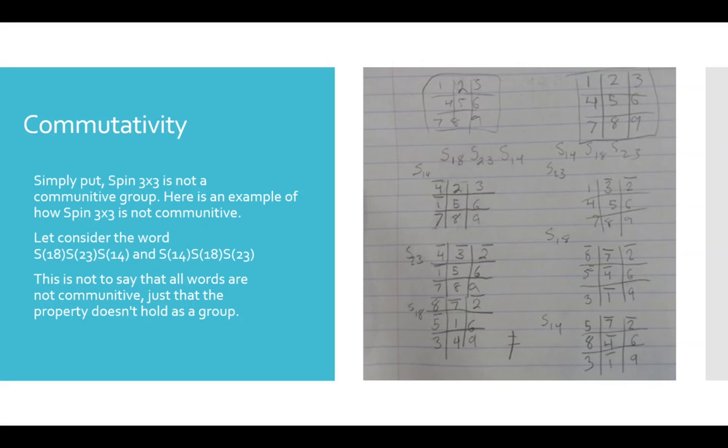These words are composed of the same elements but do not have the same ordering. On the picture on the right, I go through each composition, and it becomes evident that the resulting grids are not the same, so therefore it is not commutative. This does not mean that all the words are not commutative, only that the property does not hold as a group.